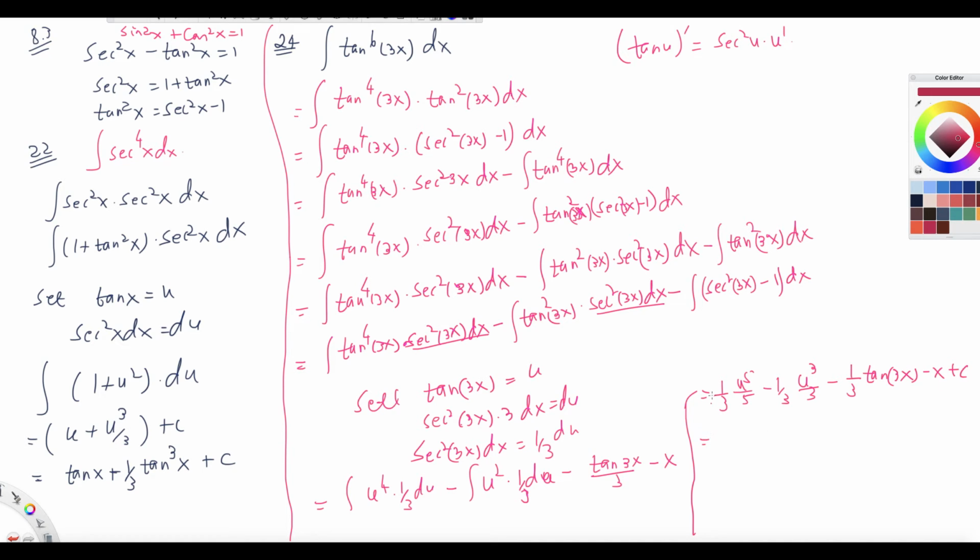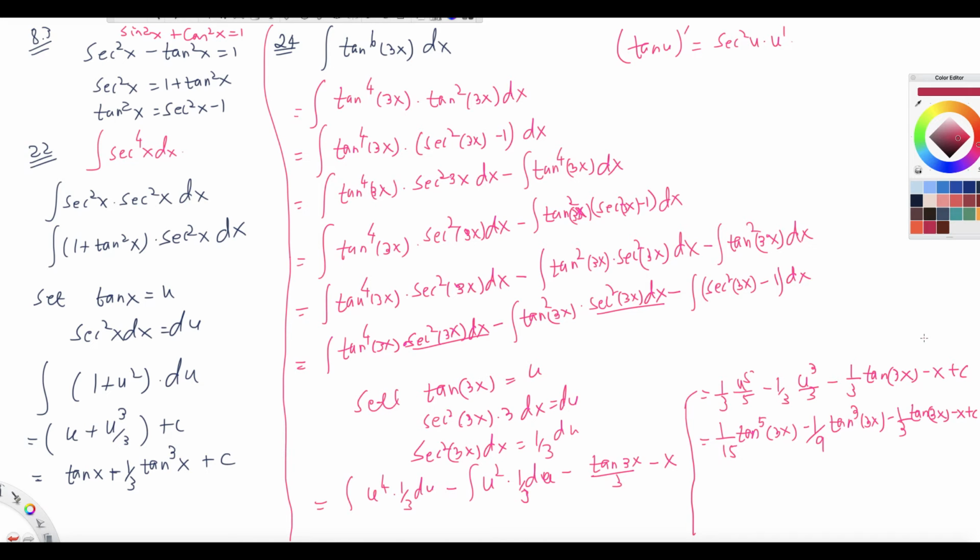Now plug in the value of u. You get 1/15 tangent 5th power 3x, minus 1/9 tangent 3rd power 3x, minus 1/3 tangent 3x, and then minus x plus c is the final answer.